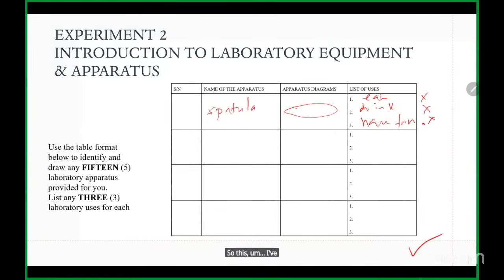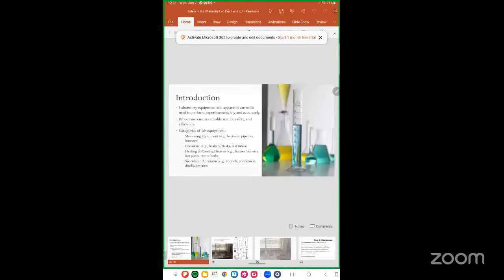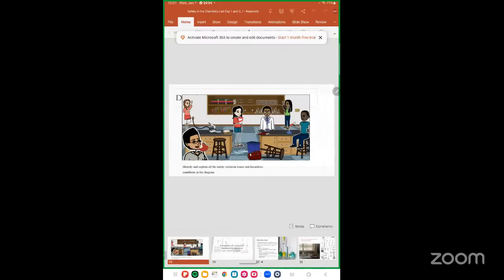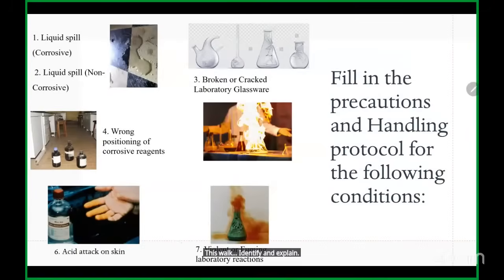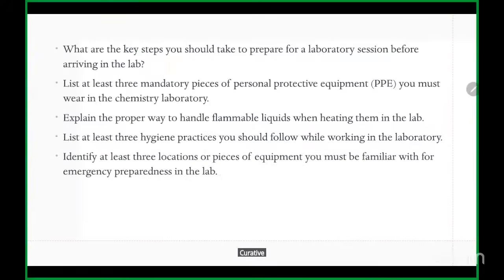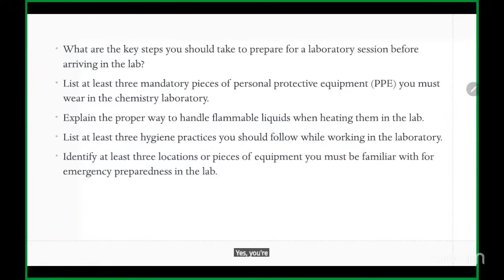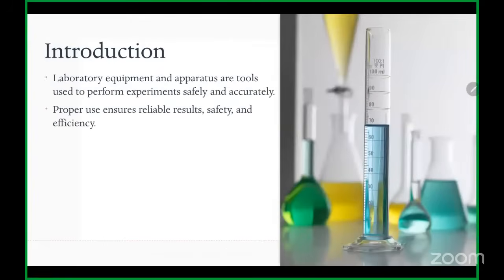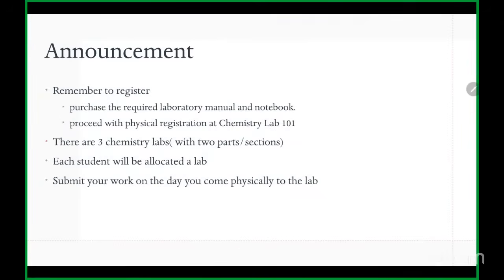I've shown this one. Then there's another one that I showed the other time. This work: identify and explain, fill a table, and answer these questions. Please, submit all of them on the day you have to come physically to the lab.